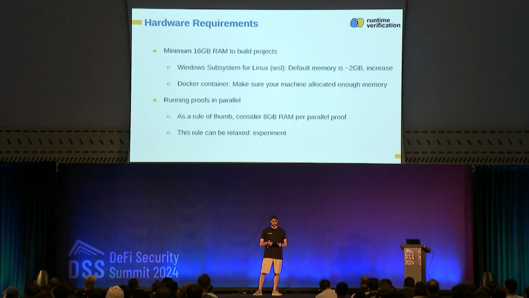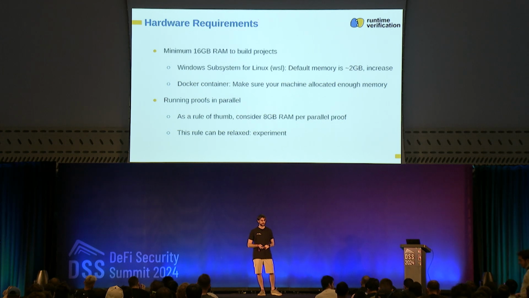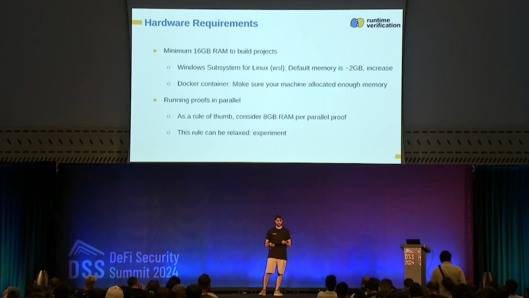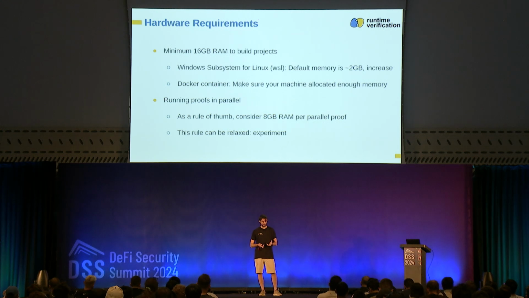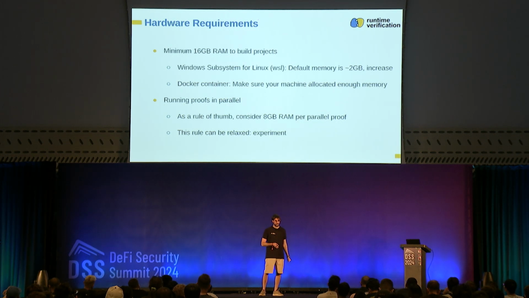First things first, I want to talk about hardware requirements, because control is quite resource intensive, and we've had cases in the past where it seems like control is crashing or failing, but it may be because of lack of resources. So we require a minimum of 16 gigabytes of memory for things like building and so on.